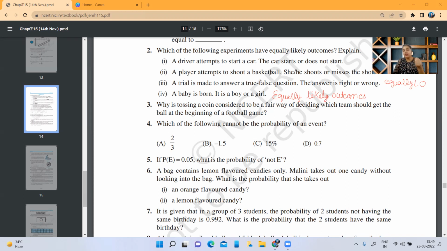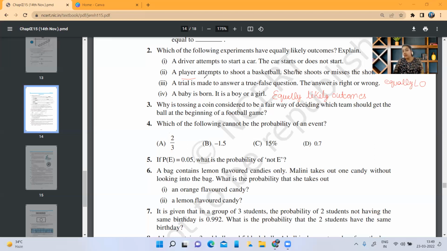A player attempts to shoot a basketball. She shoots or misses the shot. Now you must be thinking that if she can miss the shot, she can make the shot, and both things are 50-50. No, these two things are not 50-50. If you think about the player's health, for example, the player is very weak or doesn't know how to shoot a goal. There are other factors now. This shooting and missing depends on them.